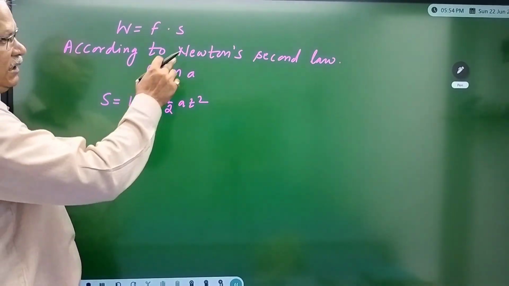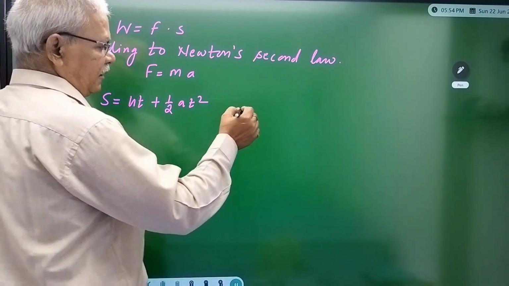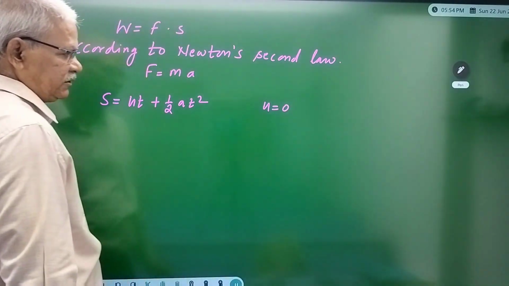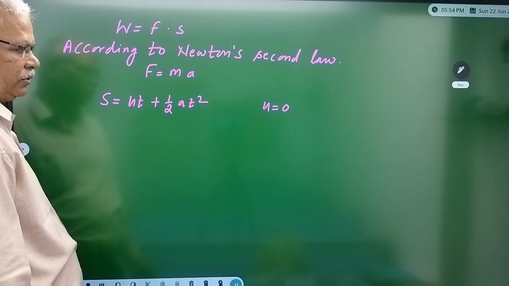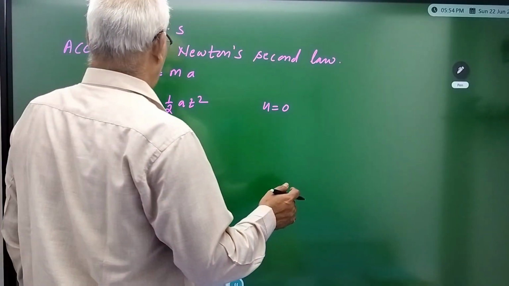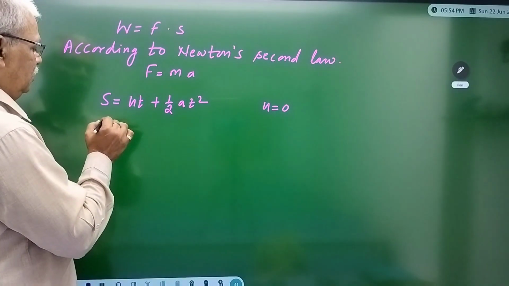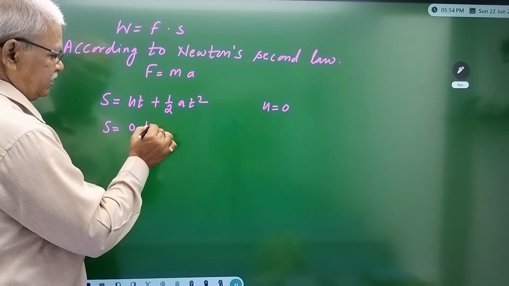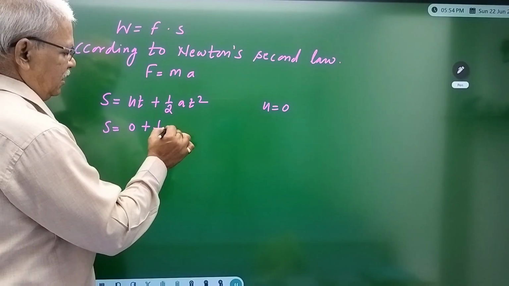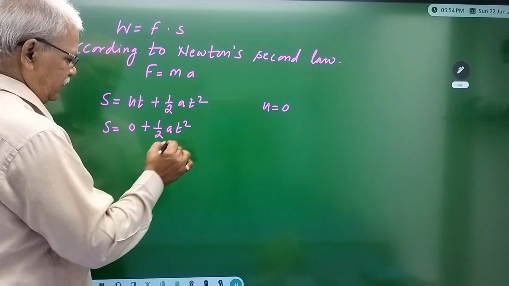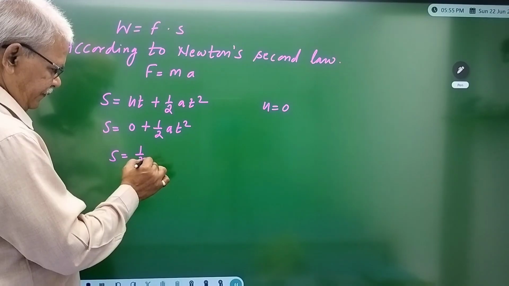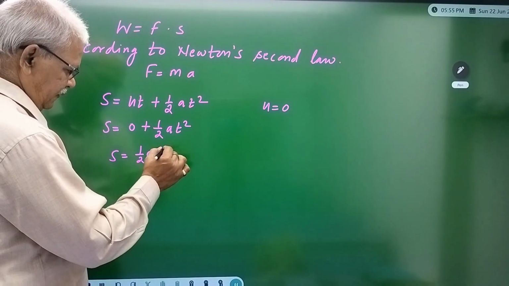Now, the object is stationary initially, therefore its velocity u is equal to 0, and s will become 0 plus half a t square, or s is equal to half a t square.